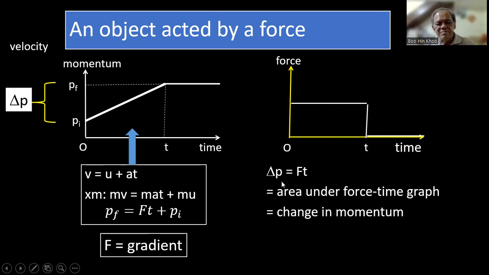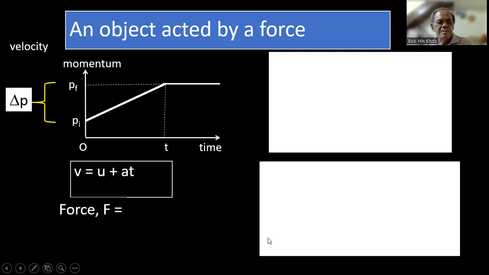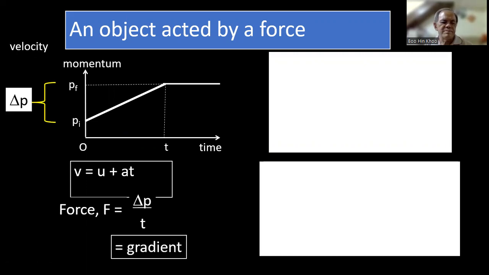Or as I say, we can rewrite our definition of force. Ft, force times time, is the area under the force time graph. We call that the change in momentum. So there's the definition of force.